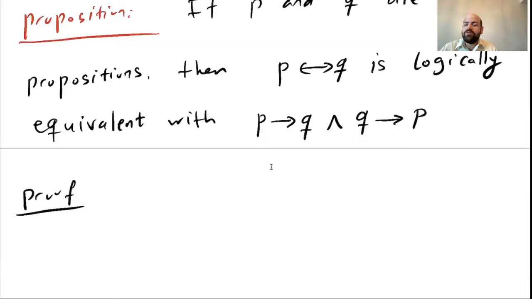So if I draw a truth table and look at the column corresponding to P if and only if Q, and the column corresponding to the other one, P implies Q in conjunction with Q implies P, I have to look at the column corresponding to this and the column corresponding to this. If they are exactly the same columns, then I can say that these two are logically equivalent.